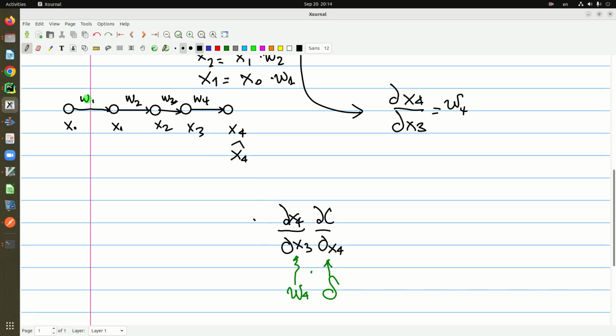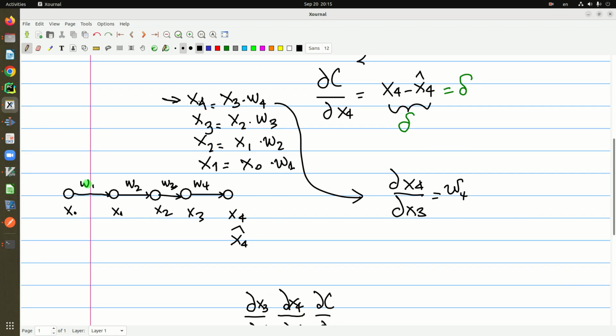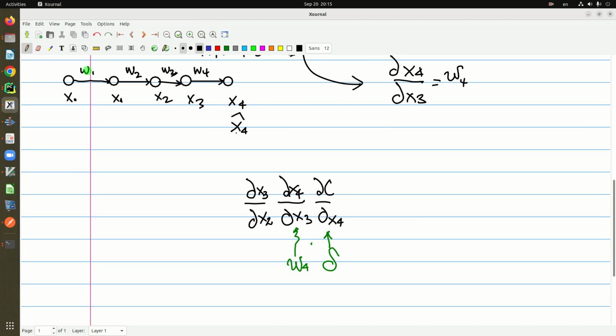Let's add here the partial derivative of x3 over x2. x3 and x2 are connected by the equation x3 equals x2 times W3, exactly with the same logic as before.